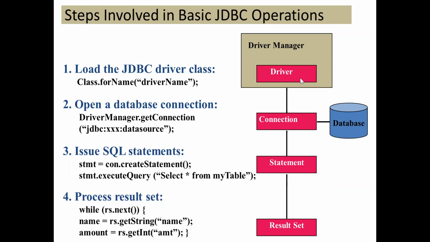You can see the first square bracket is the driver manager containing the driver. Once the driver is created, we can go for the connection. Once the connection is created to the database, I have to write the query using the SQL statement, and finally we can get the result set. These are the steps involved in the basic operation. So all of you write down this diagram.